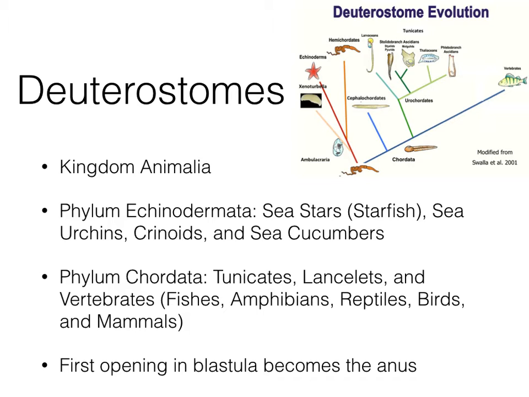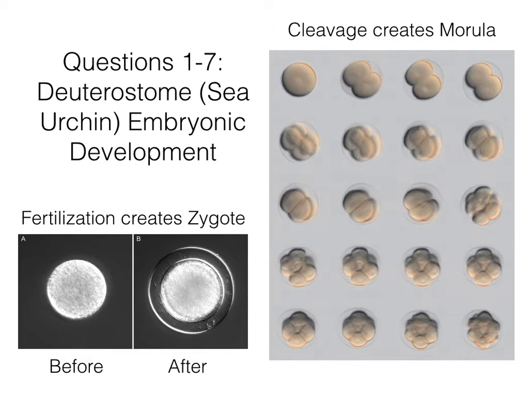What they have in common compared to the protostomes, which we've looked at before now, is that in the deuterostomes, the first opening that forms in the blastula during embryonic development becomes the anus, and the second opening becomes the mouth. In the organisms we've looked at before, which were all protostomes, the mouth developed from the first opening in the blastula. So the first part of this lab talks about the development of deuterostome embryos.